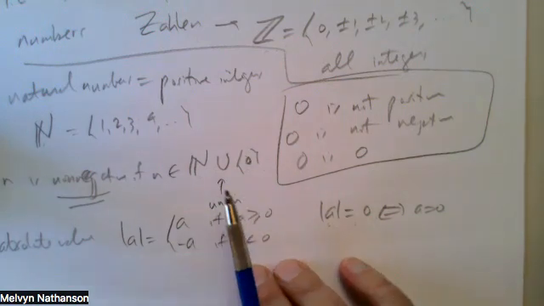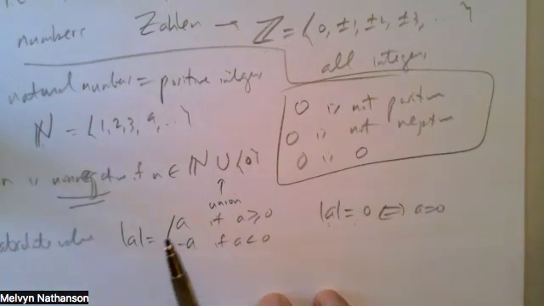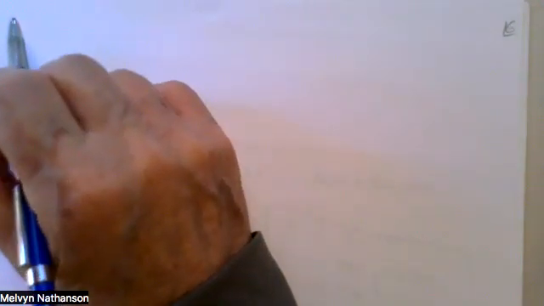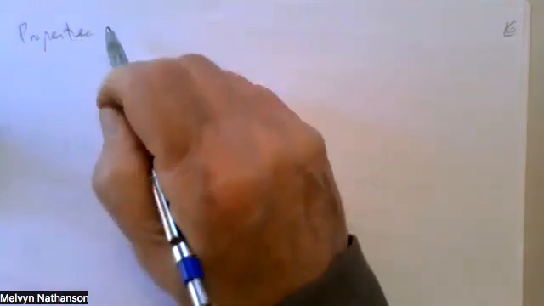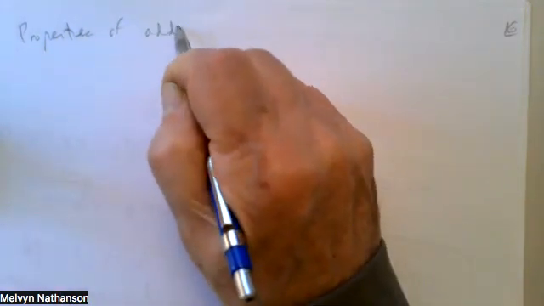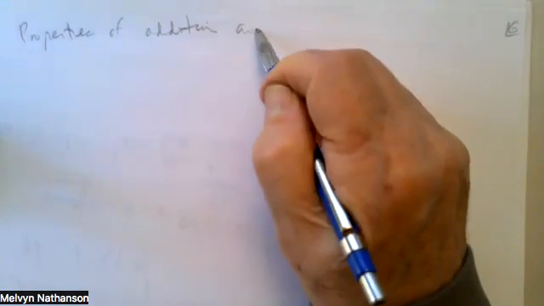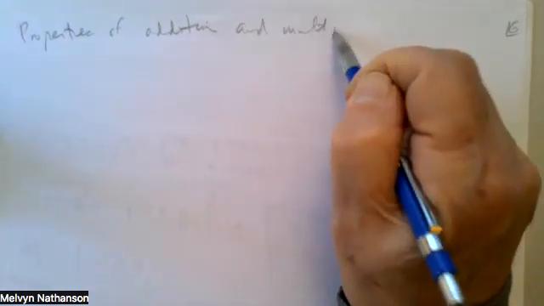And you learned in elementary school how to add and multiply integers, right? That's arithmetic. So what are the properties of addition and multiplication of integers, or addition and multiplication in the set Z of integers?